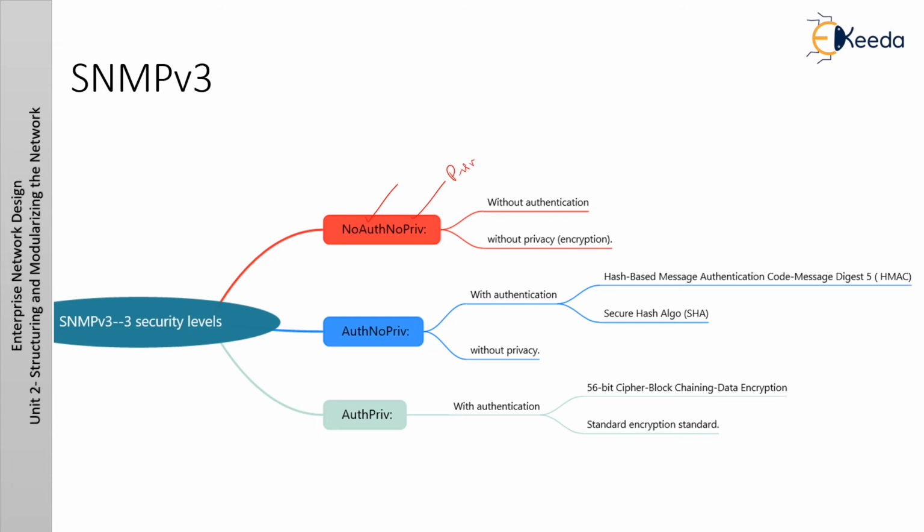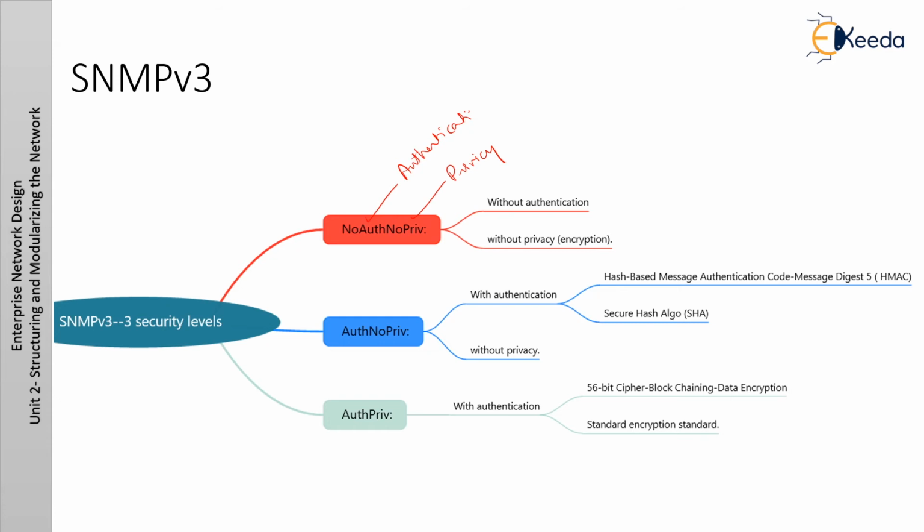So we can very easily remember them as authentication and privacy. Now you can guess authNoPriv means authentication is there but privacy is not. In authPriv, authentication and privacy both are there. With noAuthNoPriv, there is no authentication and no privacy or encryption.